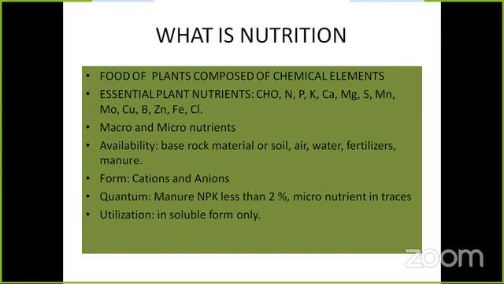However, micronutrients are sometimes used as per the need. Then utilization: it has to be in a soluble form. If these elements or compounds or fertilizers become insoluble by precipitation or some chemical reaction, then they cannot be absorbed by the plant. It has to be in soluble form.